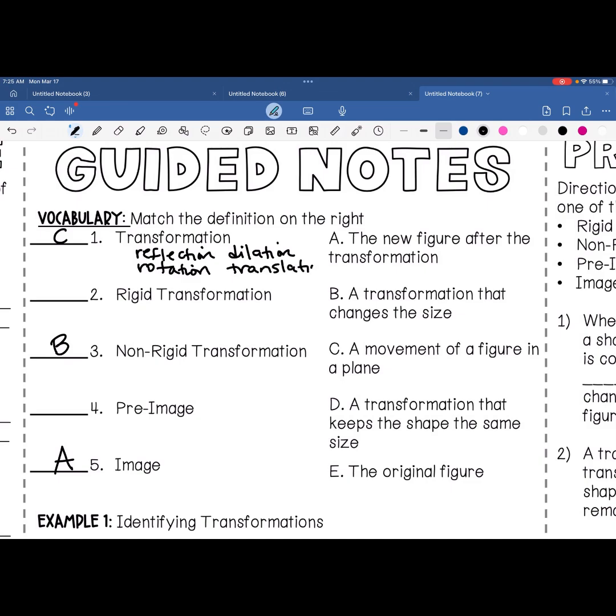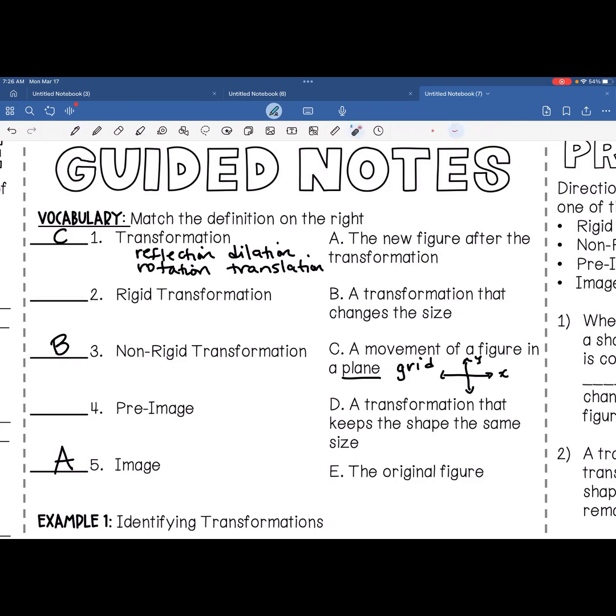All of these are different types of transformations. And anytime you move something in a plane, it's called a transformation. And a plane is just another word for a grid, right? A coordinate plane. You guys probably remember this, right? The X and the Y axis.